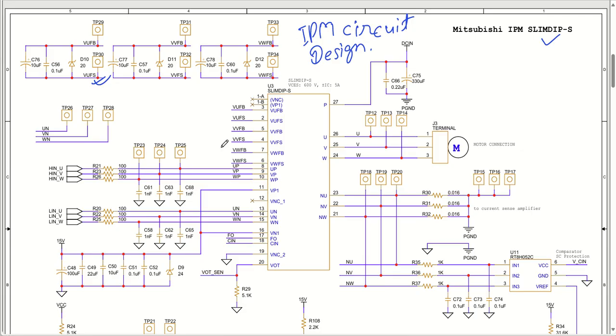You can see in the circuit that UP, VP, WP and UN, VN, WN, these 6 pins, come as PWM from my microcontroller. VP1 and VN1 are the high side and low side voltage supply, a 15-volt input. This is the way we are understanding each and every pin one by one.